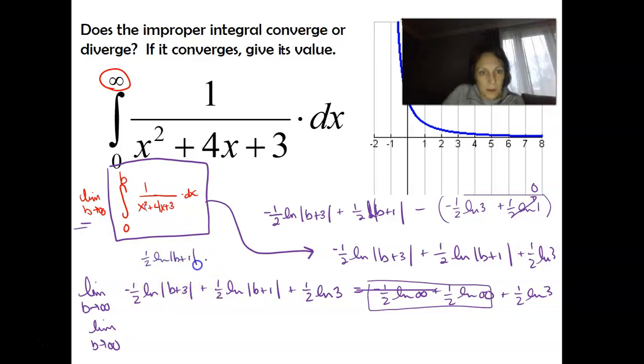If I flip-flop the order in which I wrote them, it's a subtraction, which we know is then a division. So I can rewrite that as 1/2 the natural log of b plus 1 over b plus 3, and then I still have my plus 1/2 ln of 3.